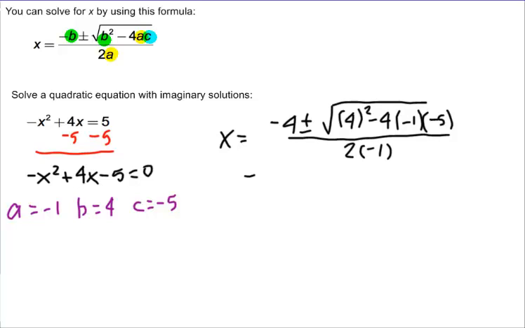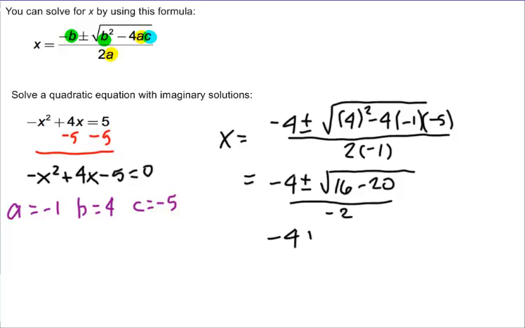So when you simplify this down, you're going to have negative 4 plus or minus the square root of, well, look inside here. You're going to have 16 in the front minus 20. Well, what you're dealing with then is negative 4 plus or minus the square root of negative 4 over 2.